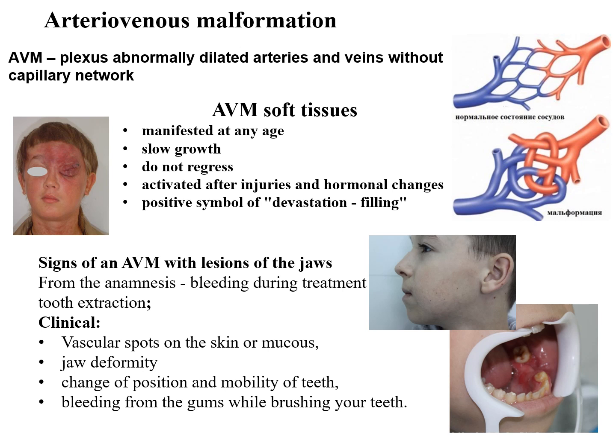It's vascular spots on the skin or mucosa. It's jaw deformity. It's change of position and mobility of teeth without any caries or periodontal diseases, and also bleeding from the gums while brushing the teeth.